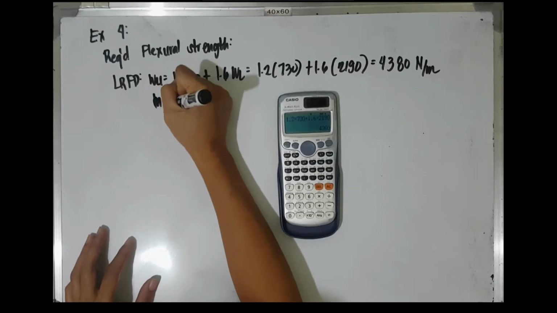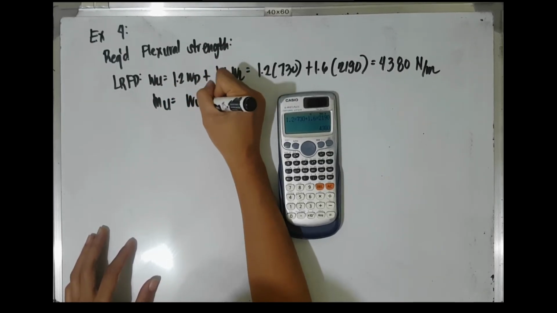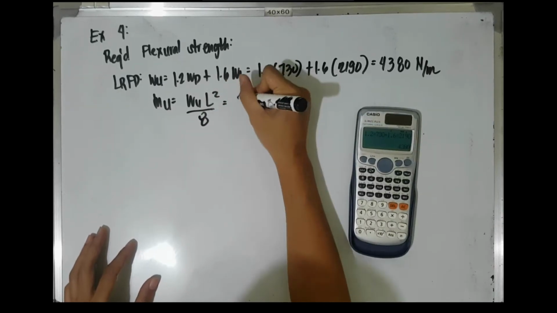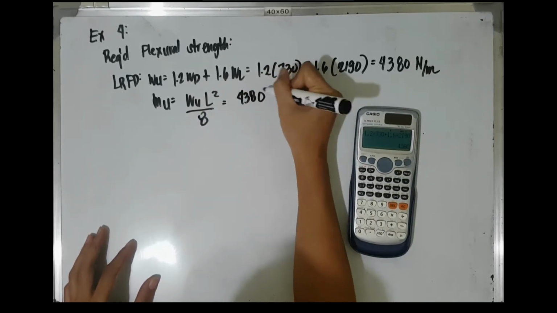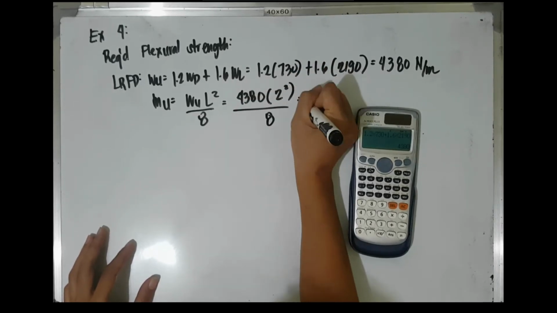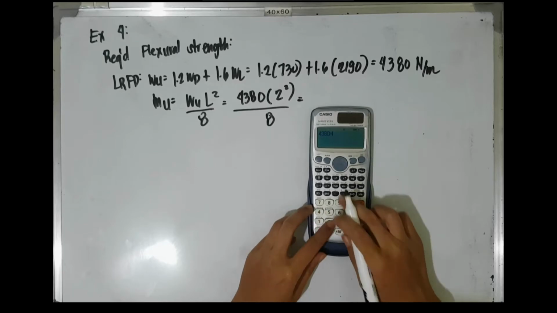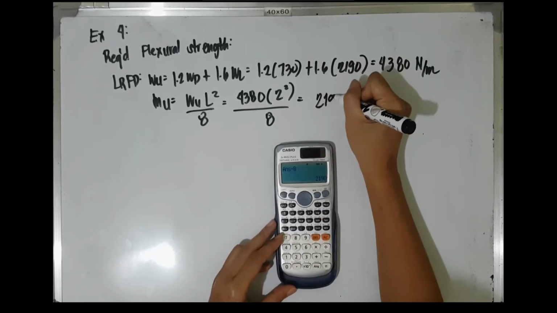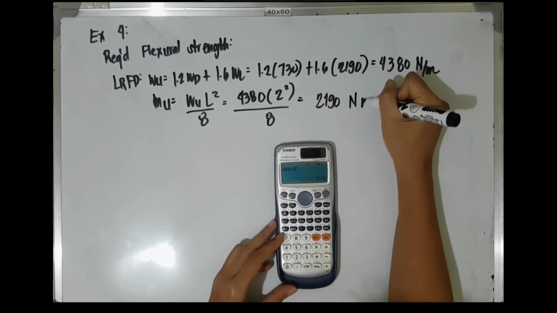And to determine the moment, we'll use this formula for simply supported members. So it would be equal to 2,190 Newton meter.